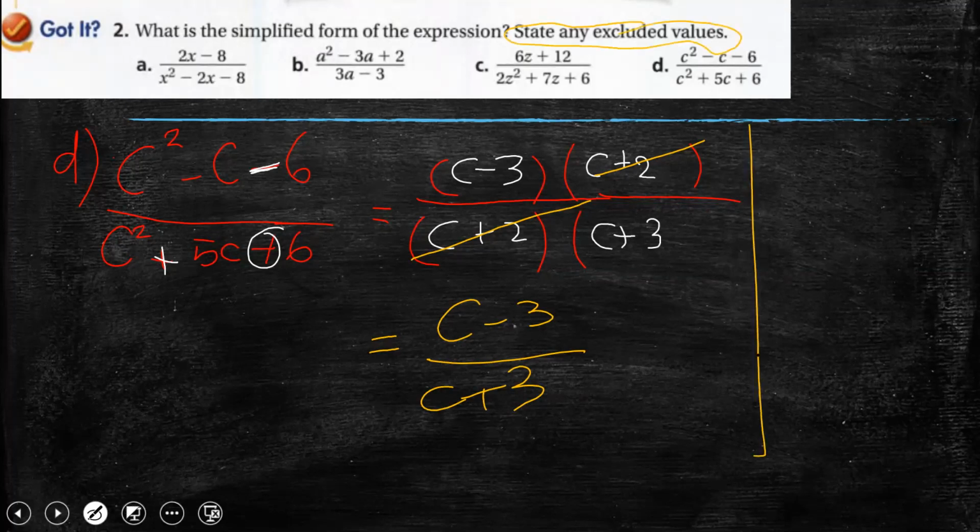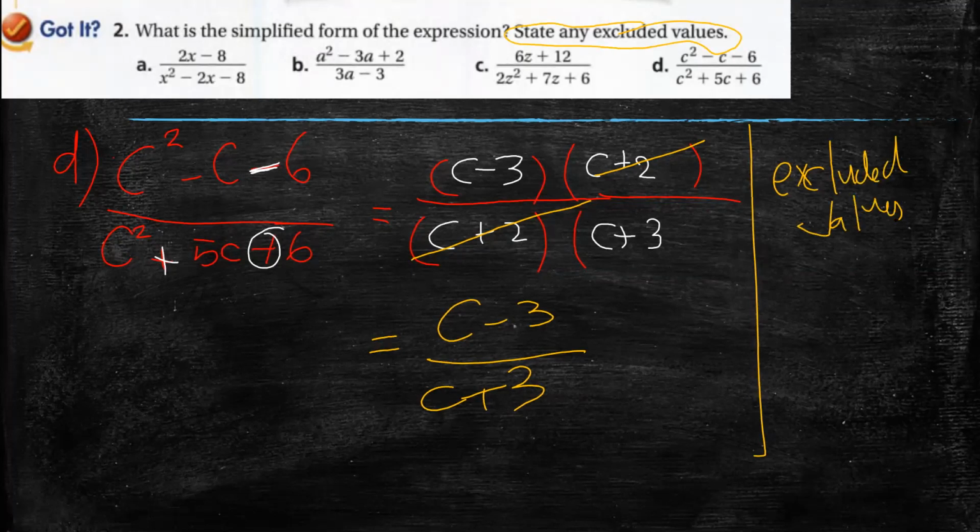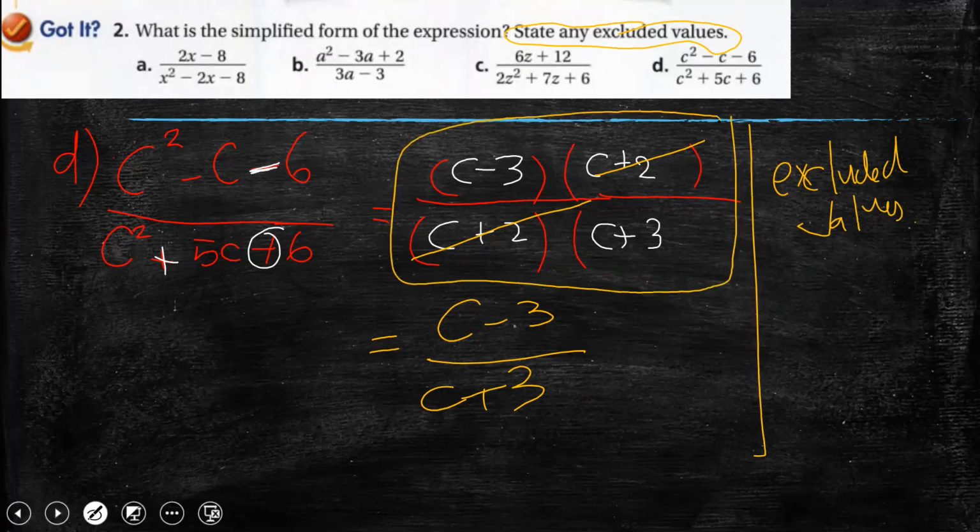Now, to find the excluded value, you have to go back to the expression before simplification. So to find an excluded value, go to the expression after factorization, before simplification.